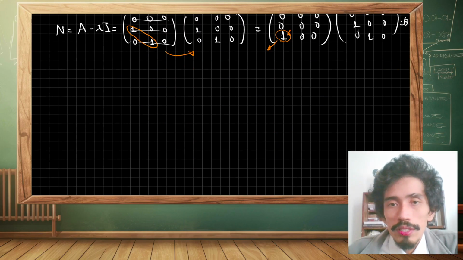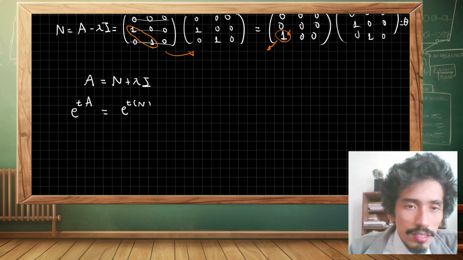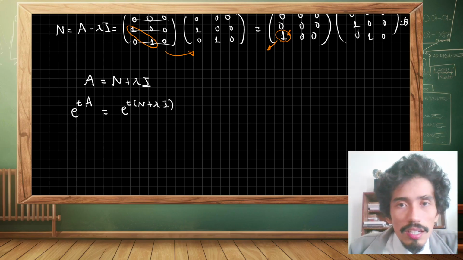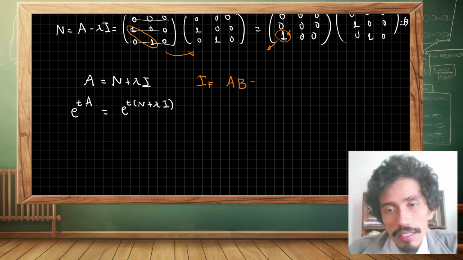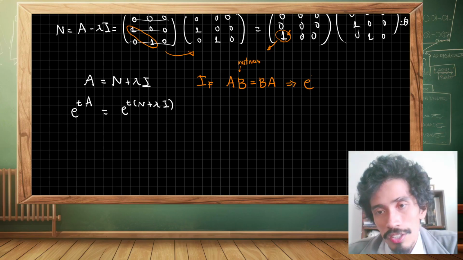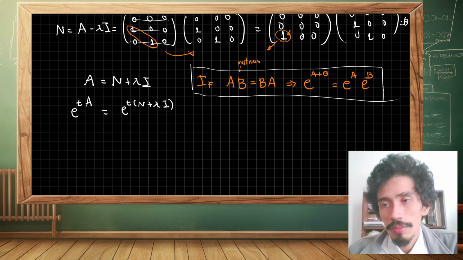and now you will use the following property. You can write A as N plus lambda I. So when you do the exponentiation like this, there's a property that tells you that if A and B commute, that is, AB is equal to BA, these are matrices, then the exponential of A plus B is equal to the exponential of A times the exponential of B. So this is the same property that we have in complex exponentials.